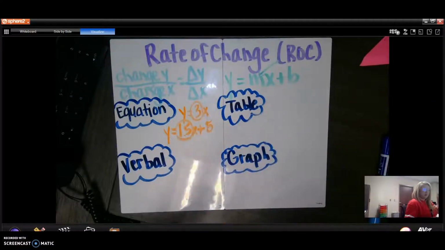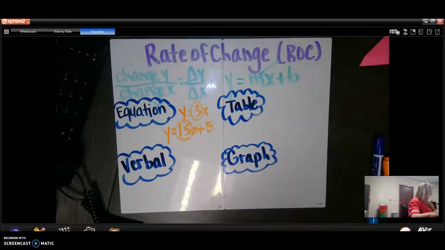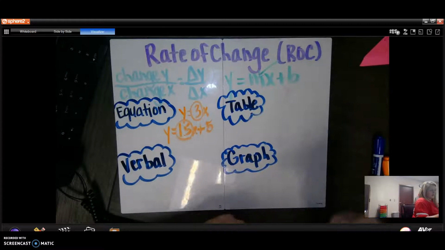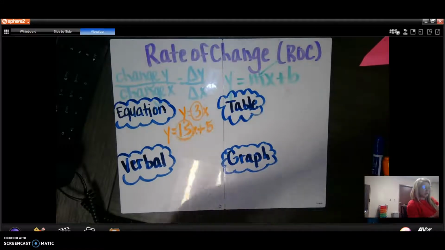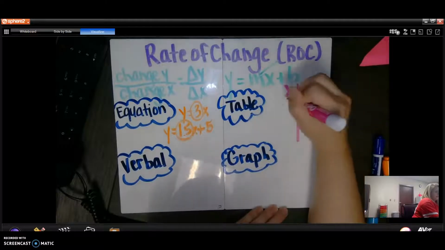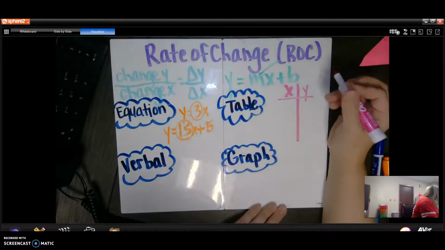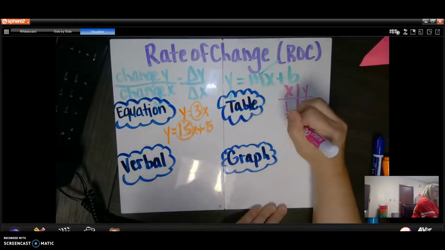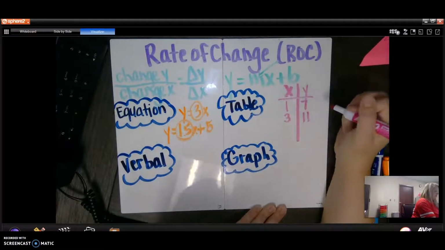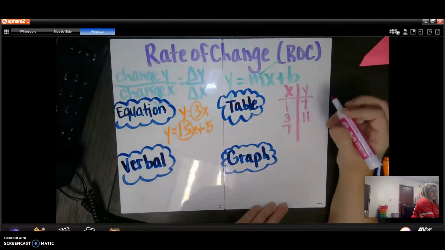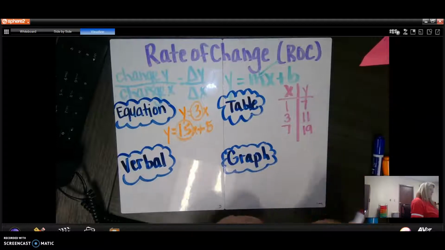Okay, let's talk about how we would find the rate of change in a table. So if we had a table and it had x, oh, I can't really see that. Let me switch colors. An x and a y value. Okay, let's say our x was 1, our y was 7, our x was 3, our y is 11, our x is 7, our y is 19.